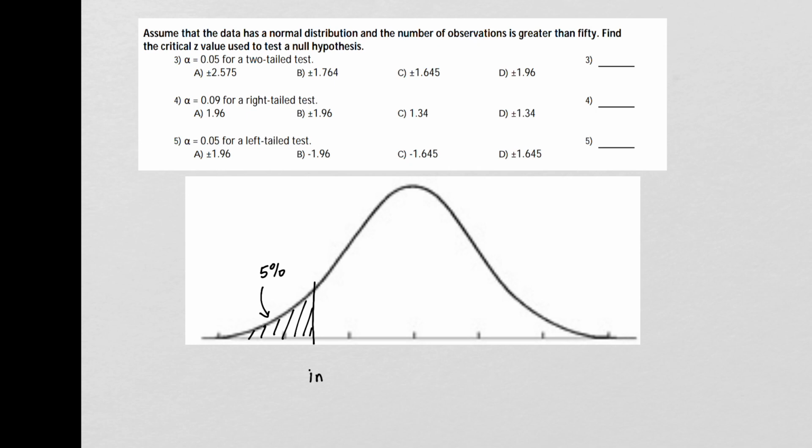And so we're just going to calculate inverse norm. We already know the area to the left. And this turns out to be negative 1.645. So that's our choice, and that's how you do those problems.